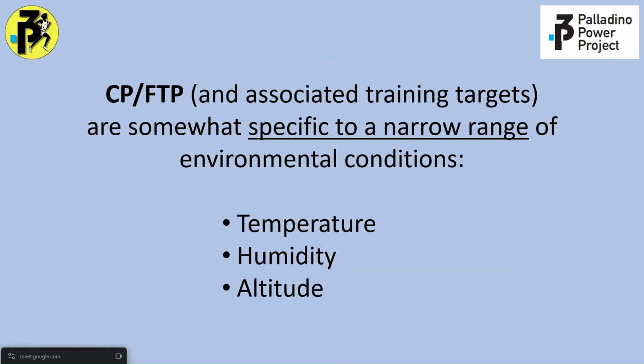Once you get out of that range, the CP becomes less and less applicable and needs to be adjusted. Power is relative. It's relative to environmental conditions. Basically, that's what I've been saying over the last several slides.